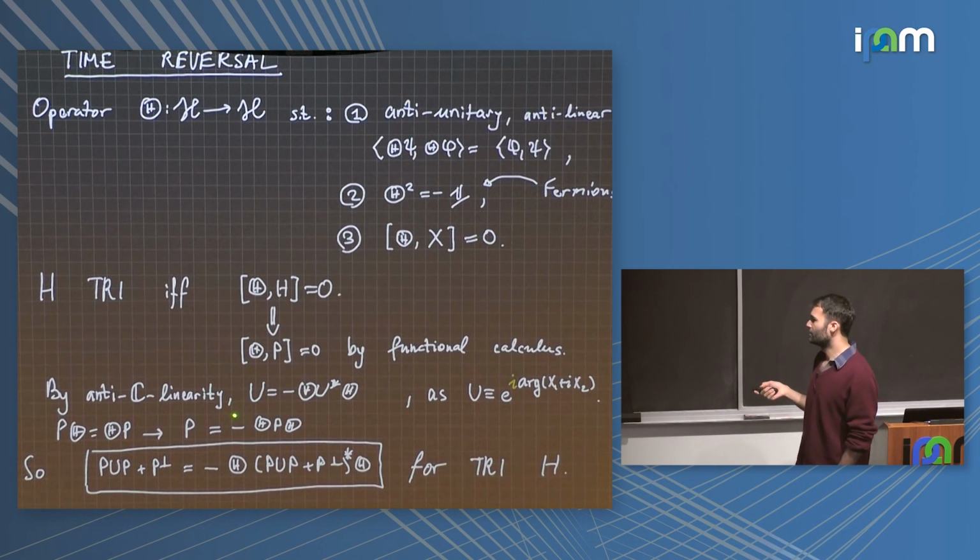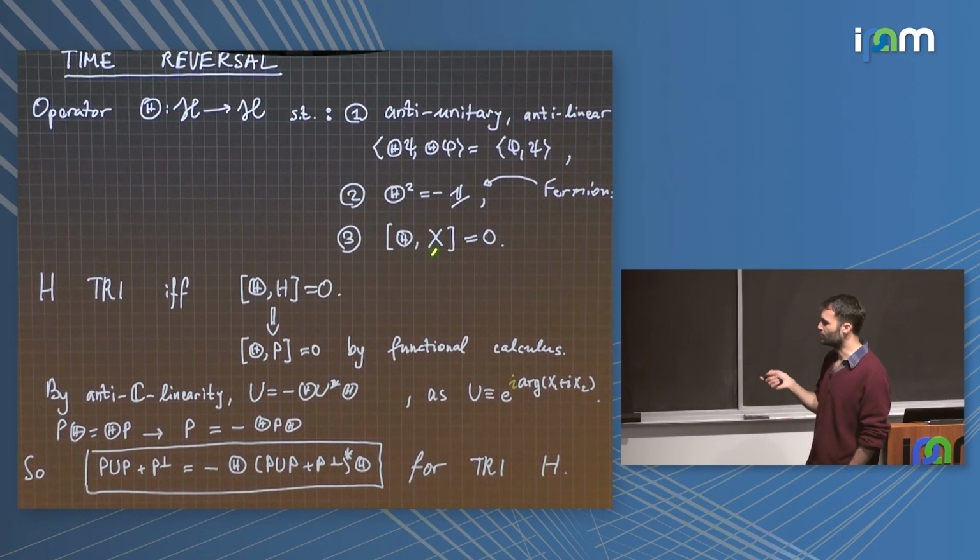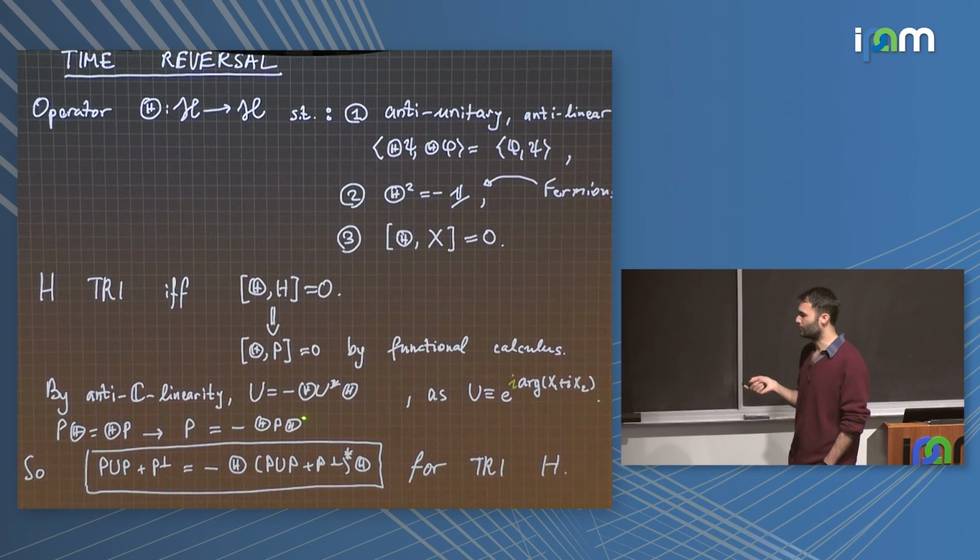And so you can see that U can be written as the time reversal operator, but you need to put the adjoint because you have the complex i here, and you need to put the minus because it squares to -1. P, however, just commutes with time reversal, so you don't have the adjoint, and it's anyway self-adjoint.